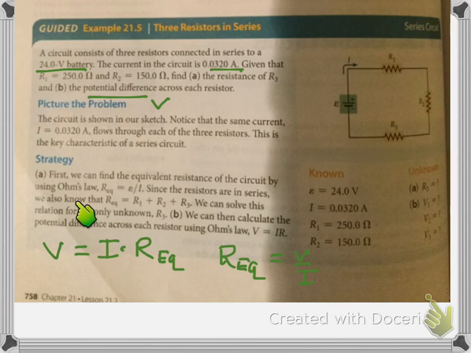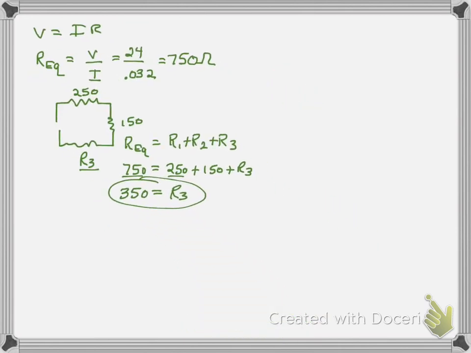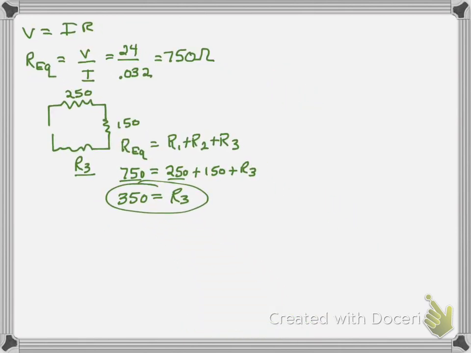My voltage across each resistor can be different depending upon the resistance of each resistor. So I simply need to take the current, which is 0.032, times the resistance of each resistor, which I know. I know the resistance on the first one, the second one, and now the third one. Okay, so we are looking for, I'm going to call it voltage 1, because this is going to be the voltage across resistor 1.